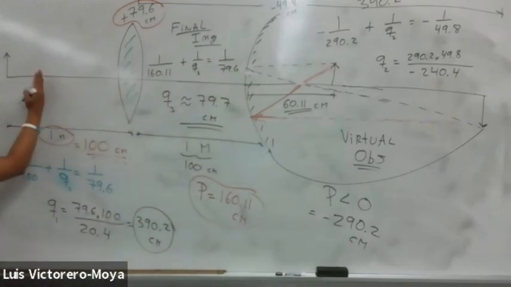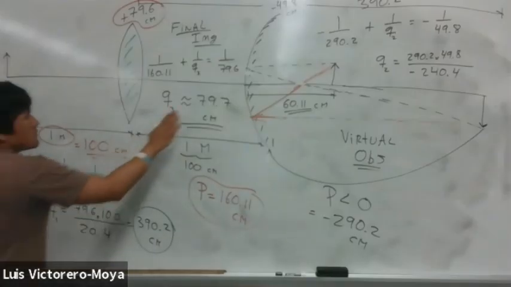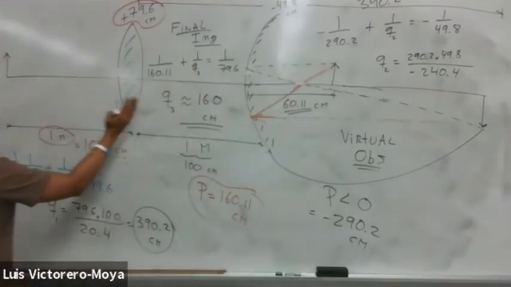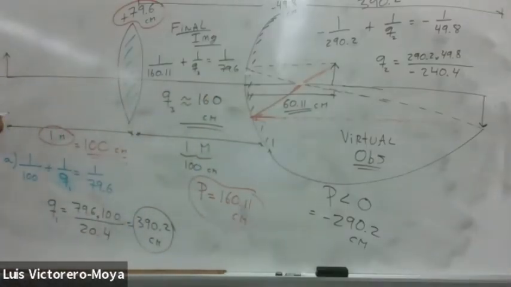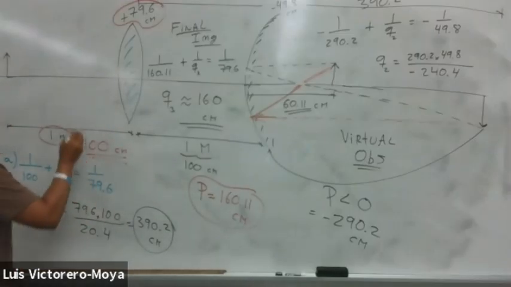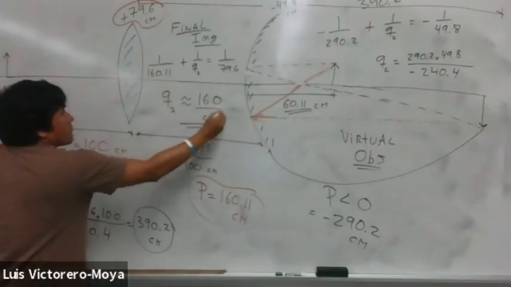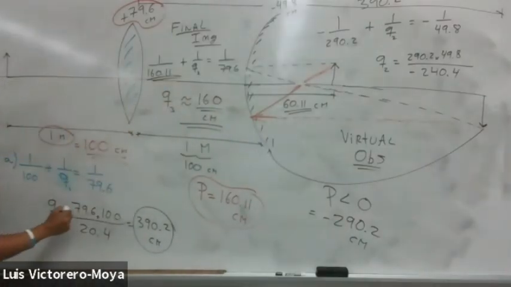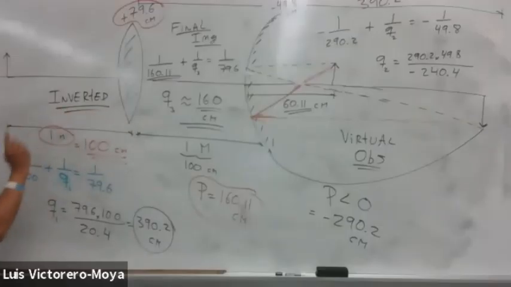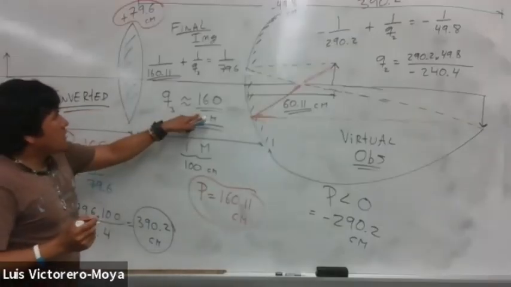So you're talking about approximately 160 centimeters, all the way out here. You cannot see it now, but it's behind the object. And it's inverted. This is positive, of course, so it's inverted, and pretty much the same size as the object.